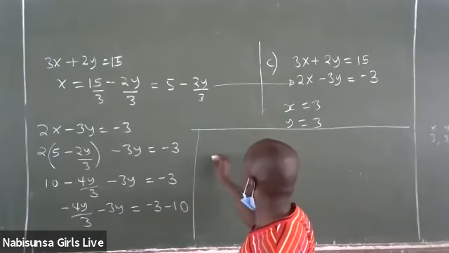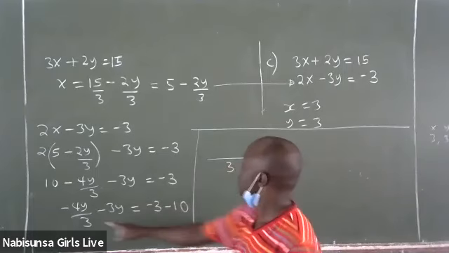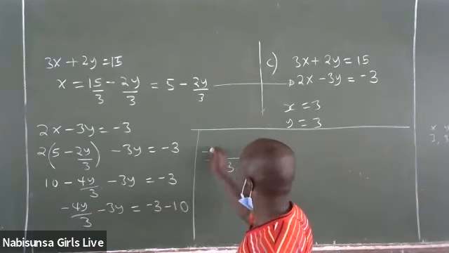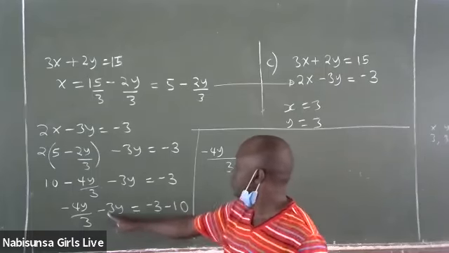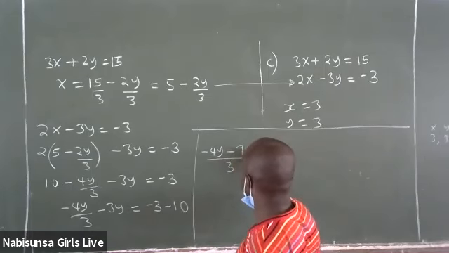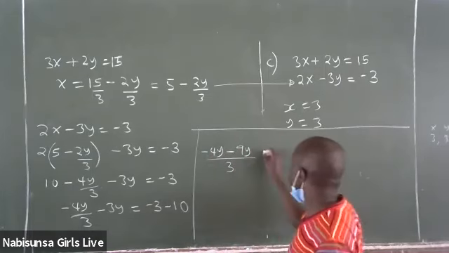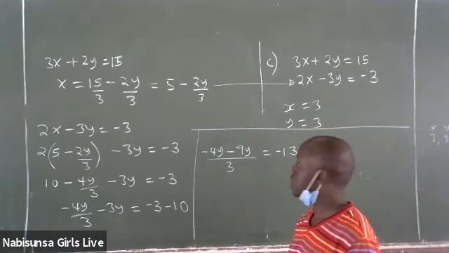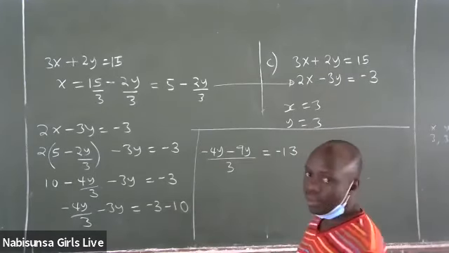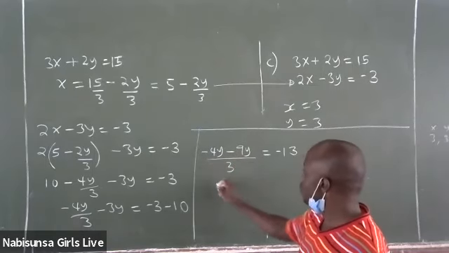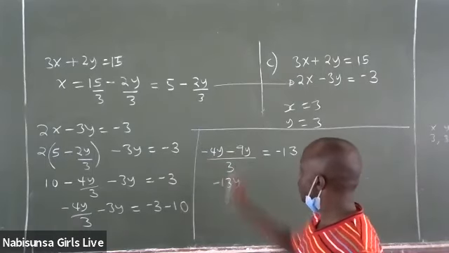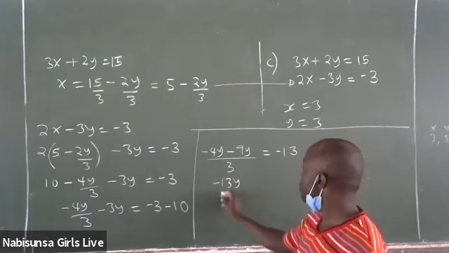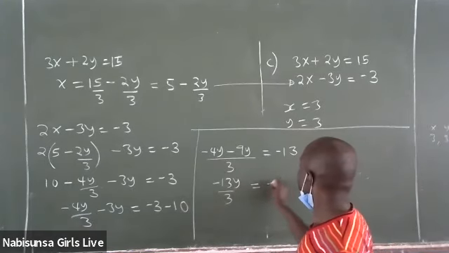The LCM is 3. So this becomes minus 4y, and this becomes minus 9y, being equal to negative 13, isn't it? Yes. Then these two will give you negative 13y, being negative 13.